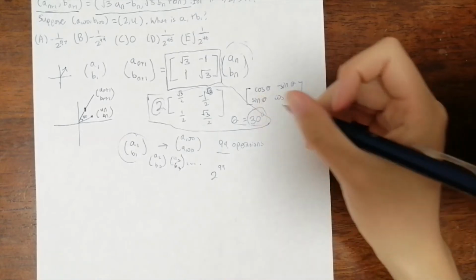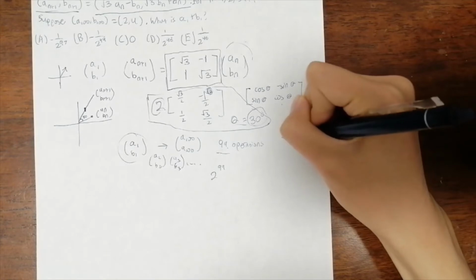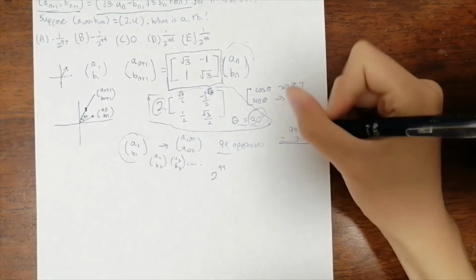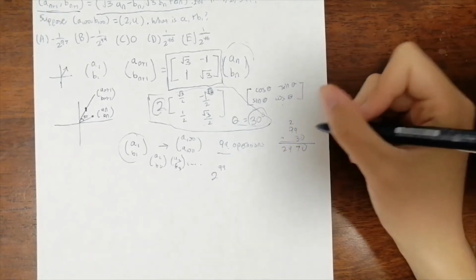So that's going to be 30 times 99, which is 2970.